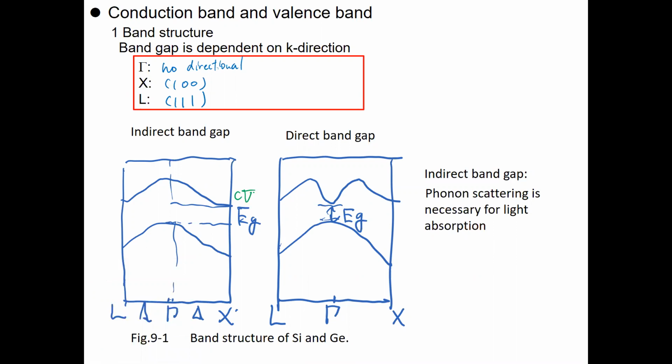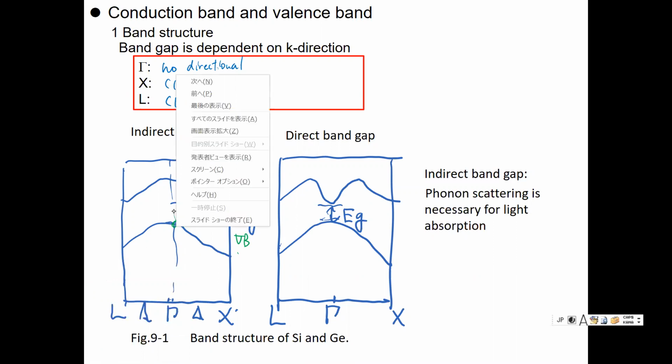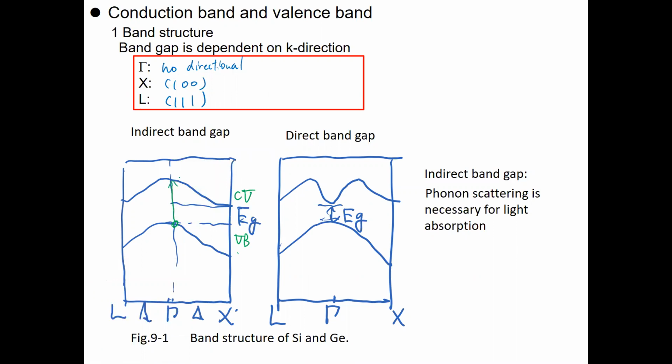So this is the conduction band and valence band. And if the light absorption takes the electronic state from the top directly to here, it's called a direct transition.